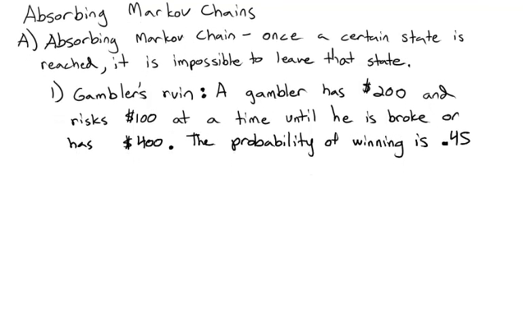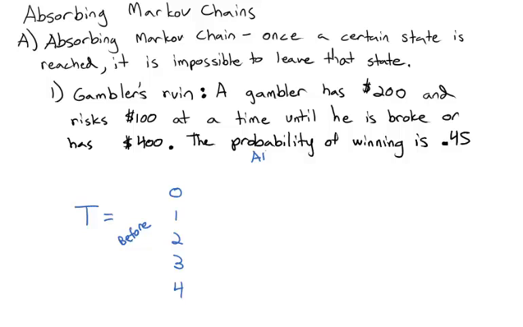So what I want to do first then to model this is we're going to make a transition matrix that shows how this gambler goes from one game to the next. So the gambler could have $0, 100, 200, 300, or $400 before the game.